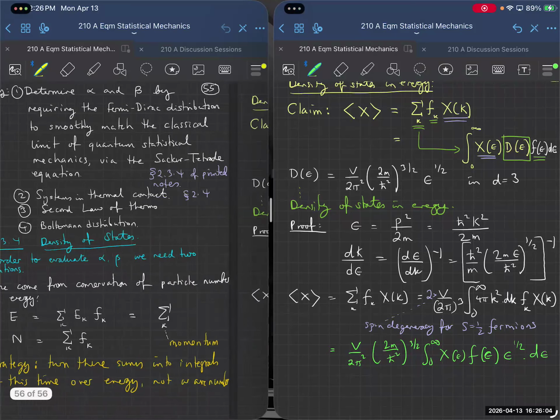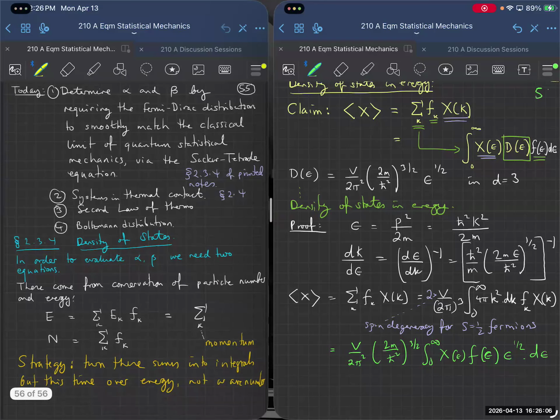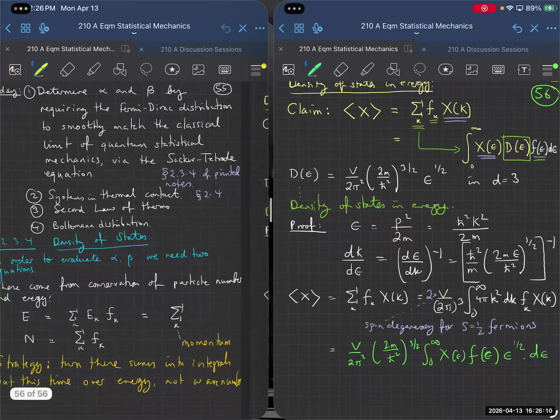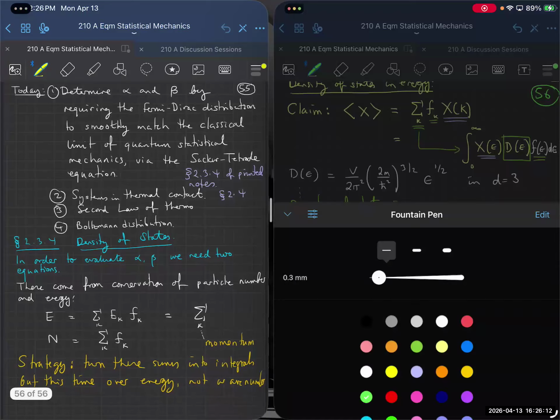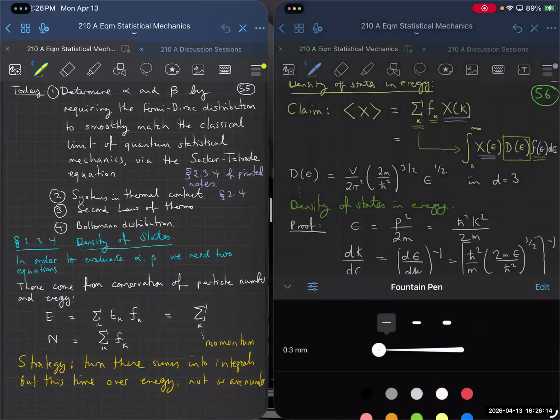All right, so that's what the density of states is. Now I want to take the classical limit. So let's talk about the classical limit.